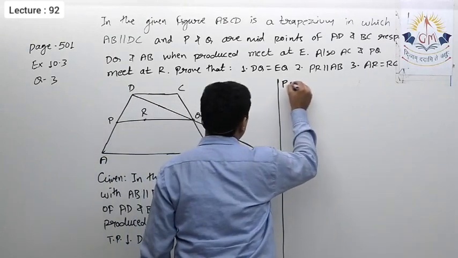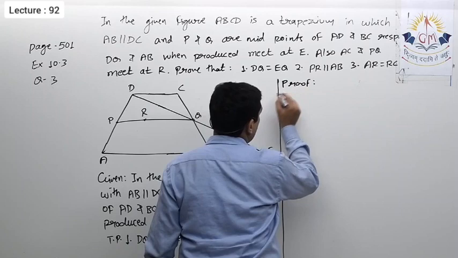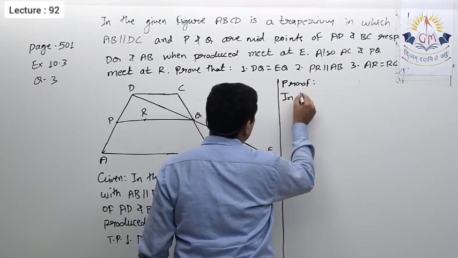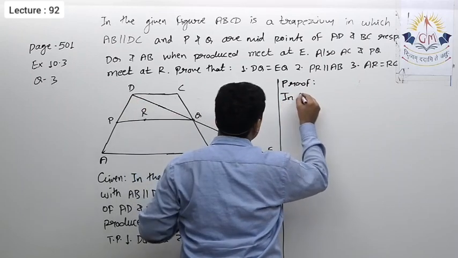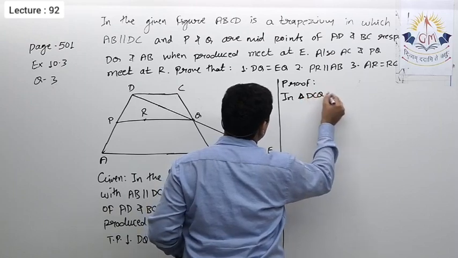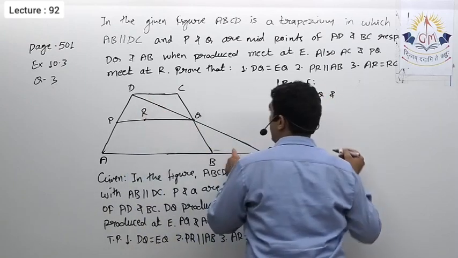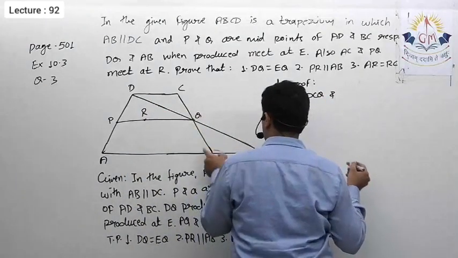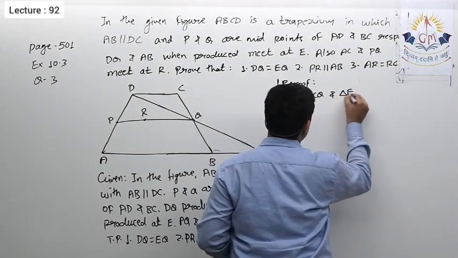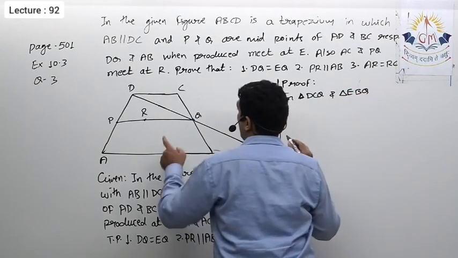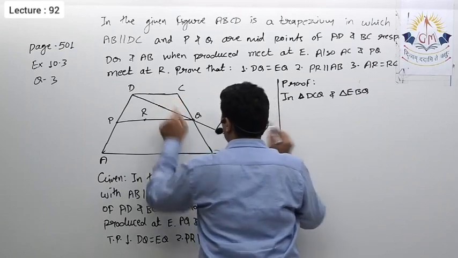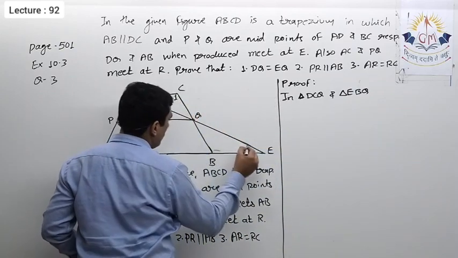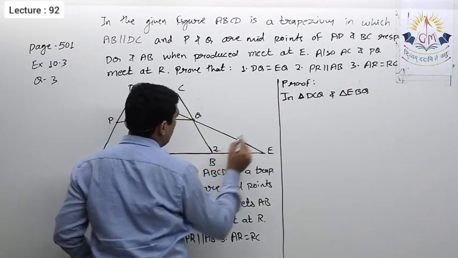Okay, so prove: in triangle DCQ and triangle EBQ. First thing, angle 1 is equal to angle 2.